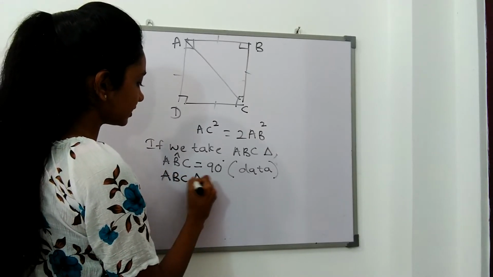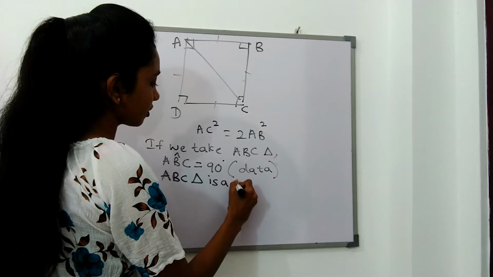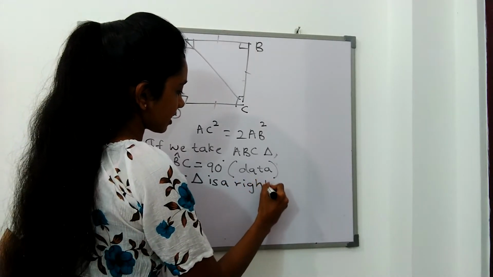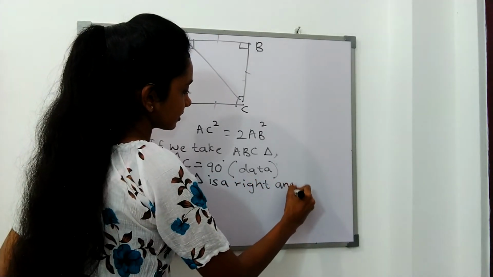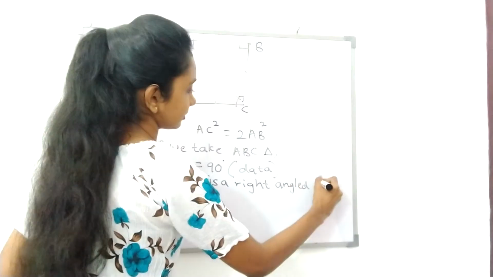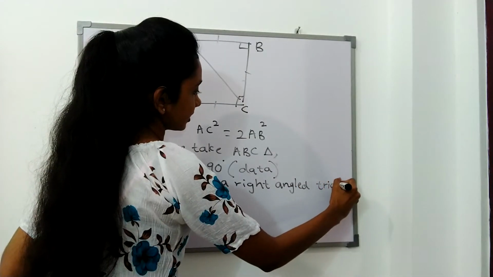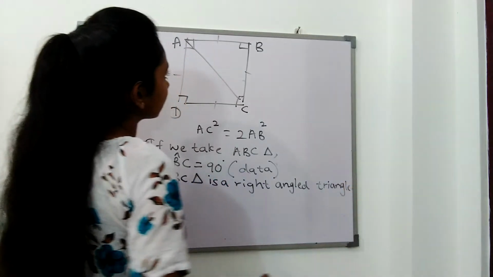triangle ABC is a right angled triangle. It's a right angled triangle, right?